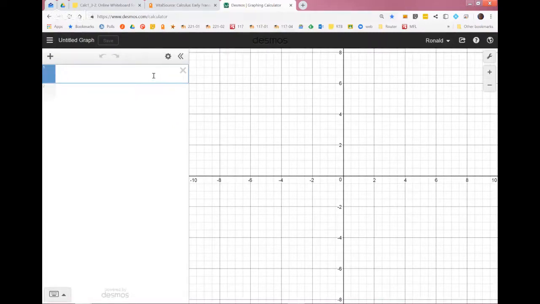So first we have 2 times x to the negative 3/4 power. Okay, so there is our function.